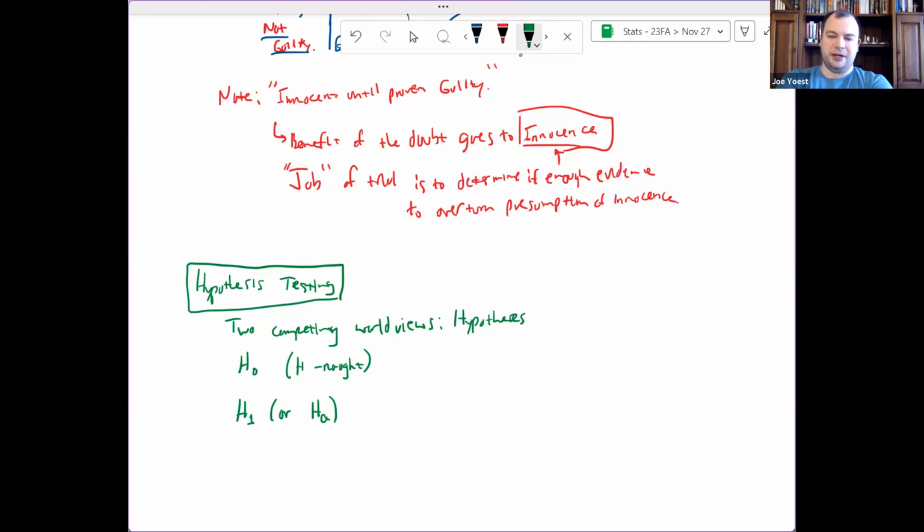I don't particularly like writing H subscript A because in my writing and in print it looks a lot like a subscript 0, especially when it's small, so I use H0 and H1. H naught is what we call the null hypothesis, and it gets the benefit of the doubt.